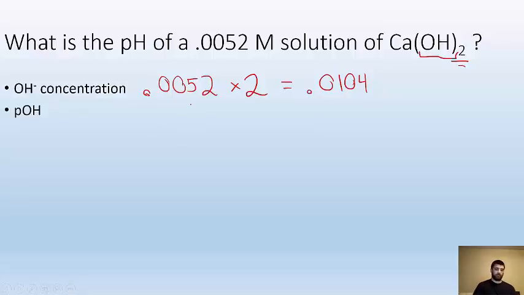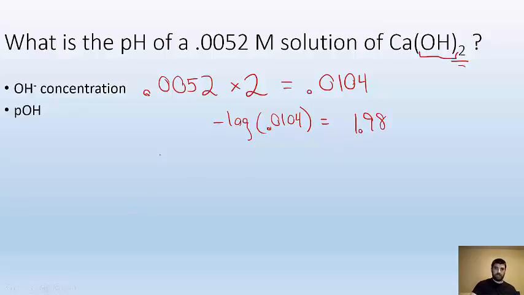So the next step is to plug it in for the pOH. I need to take the negative log of that number, 0.0104, which is going to equal 1.98.